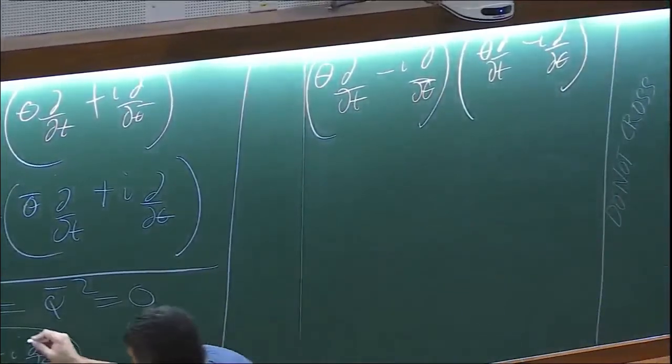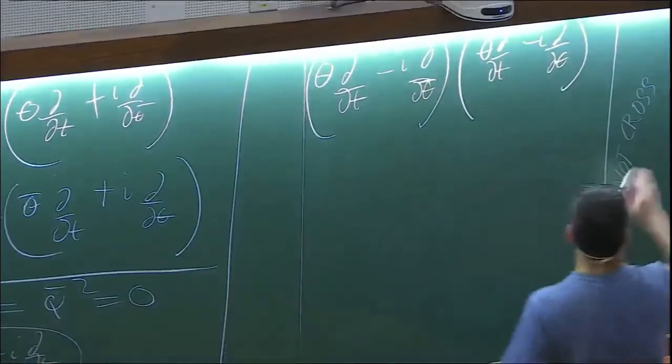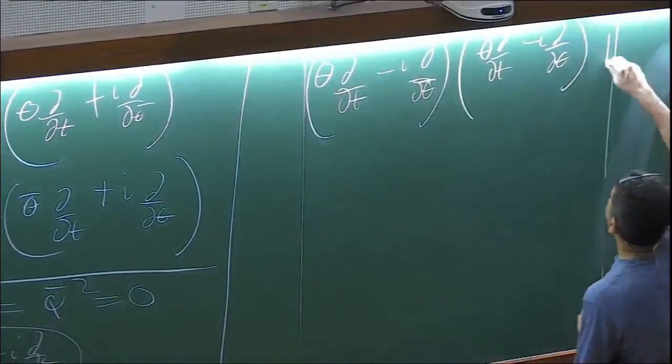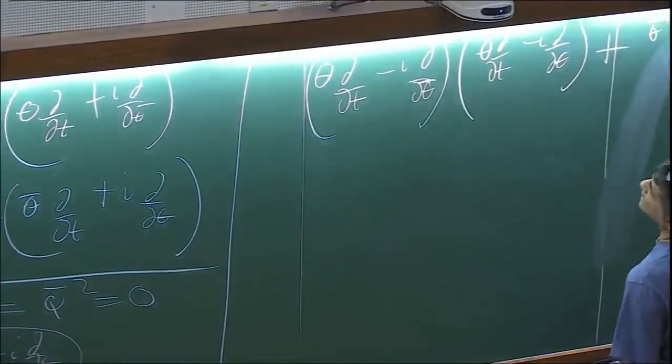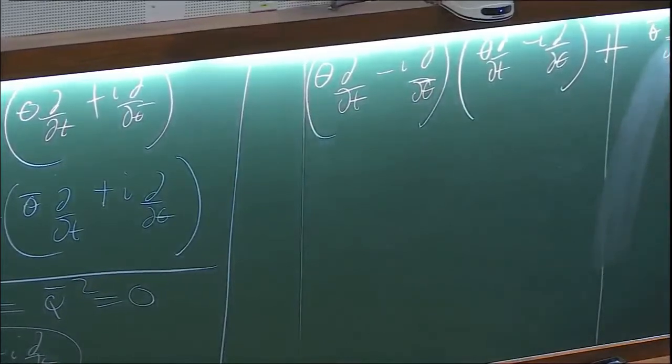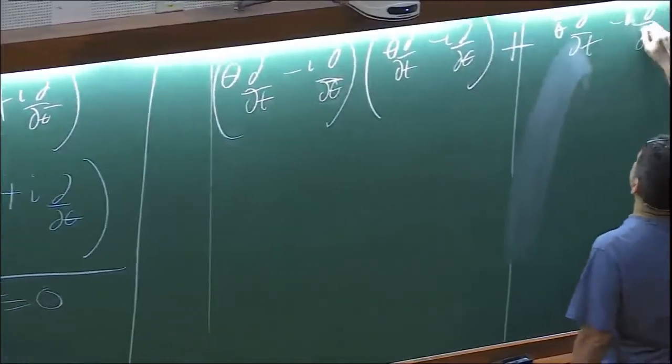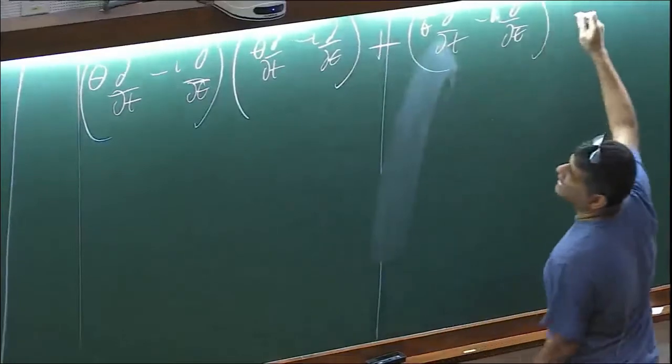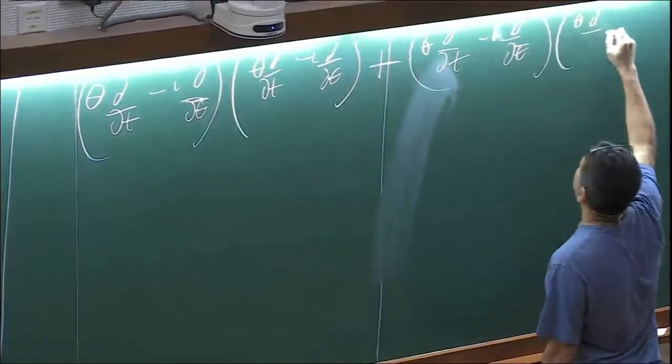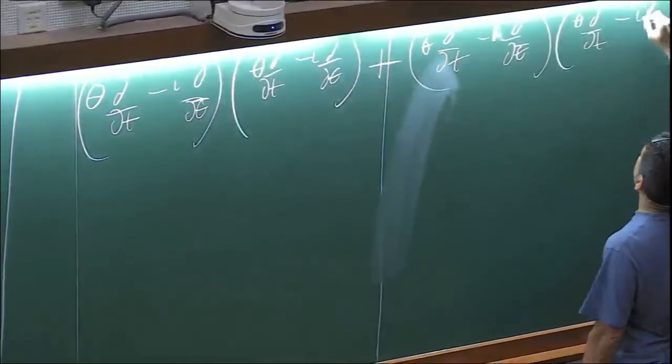Maybe this is supposed to come with a 2, I can't remember. We'll see what comes. Plus theta bar del by del t minus i del by del theta bar acting on theta del by del t minus i del by del theta bar.